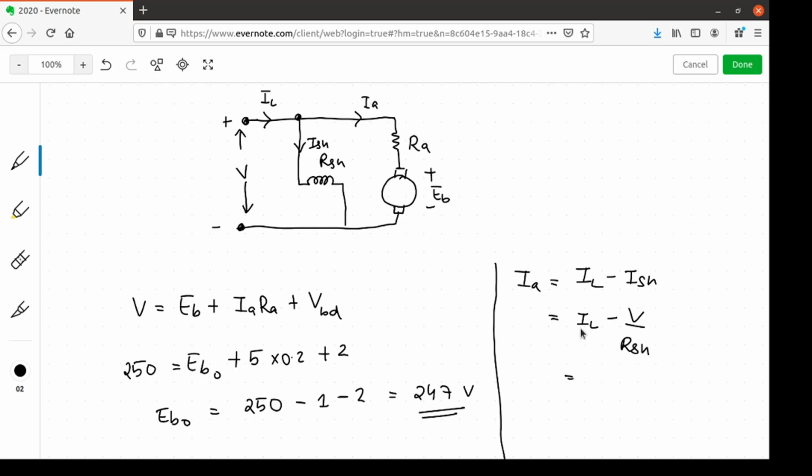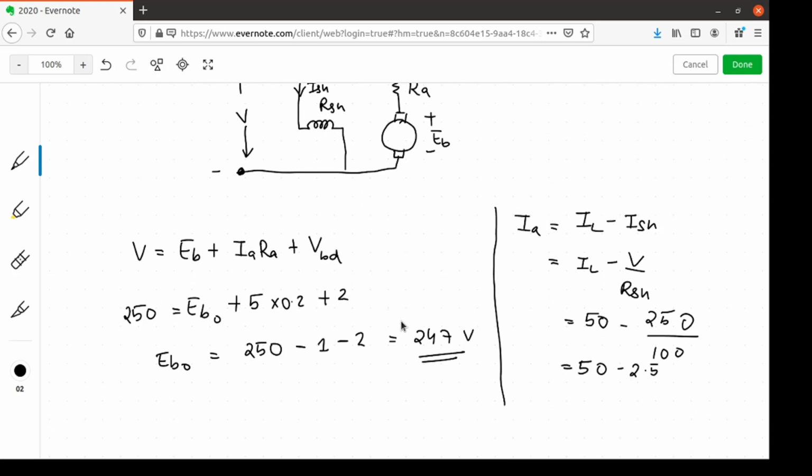So IL is given as 50 minus V is 250 divided by RSH is 100, which is 50 minus 2.5. So this will be equal to 47.5 amps.